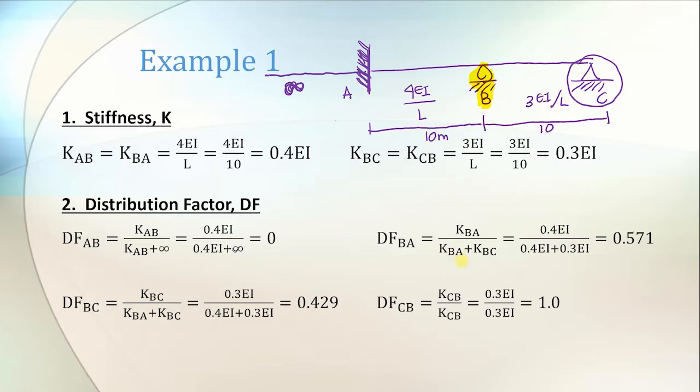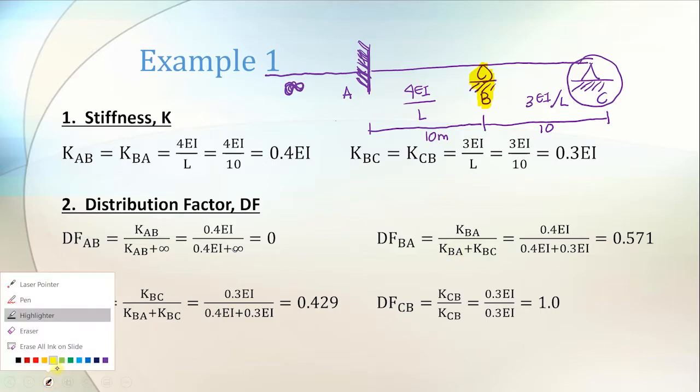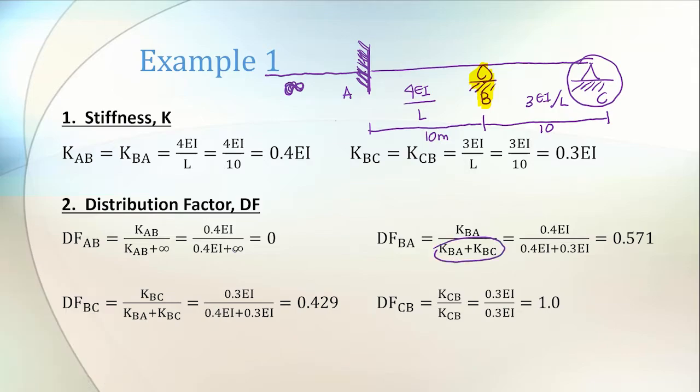That's why KBA and KBC are here. Beam B to A and beam B to C. You solve this one. Add the bottom first. So you will get 0.4EI divided by 0.7EI, and the answer will be 0.571.